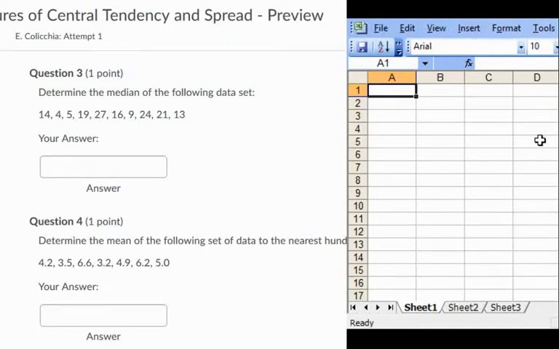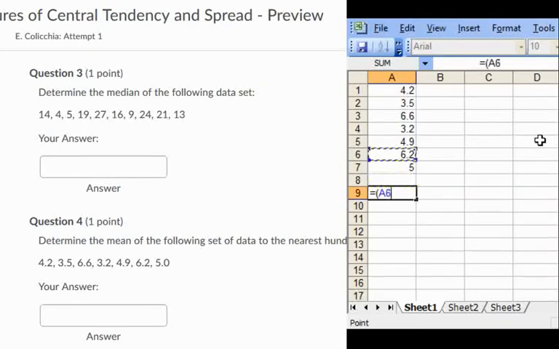We have 4.2, 3.5, 6.6, 3.2, 4.9, 6.2, and 5.0. And if I want to find the mean, I can find the average of this, or we can just do it the manual way.